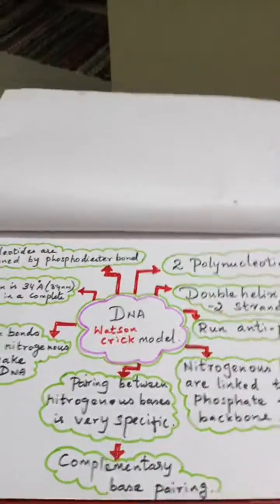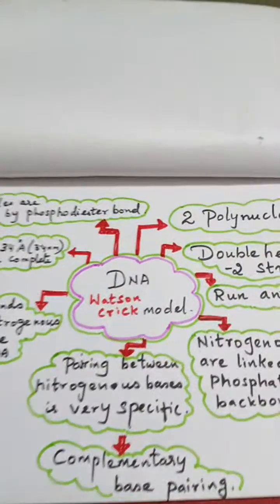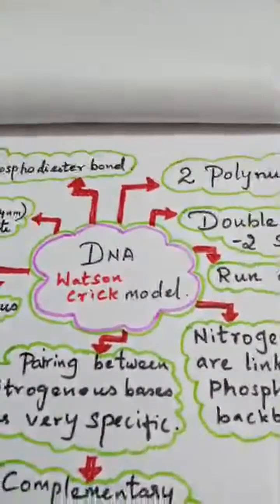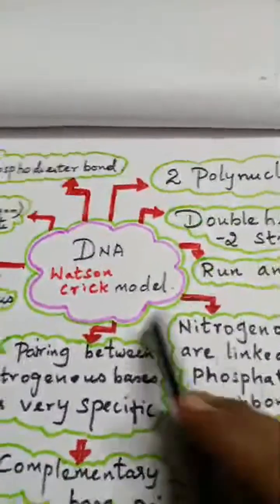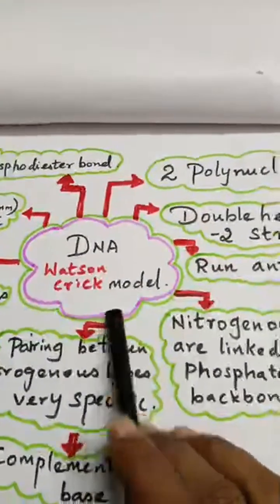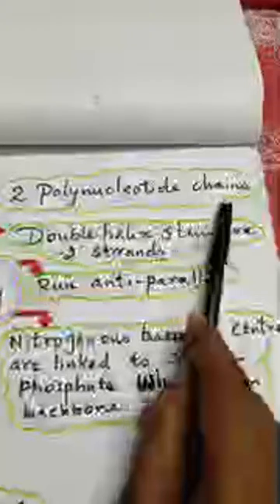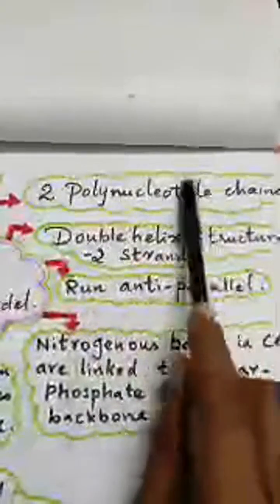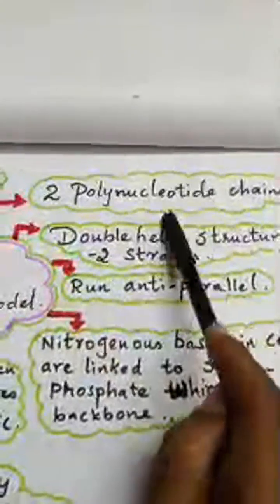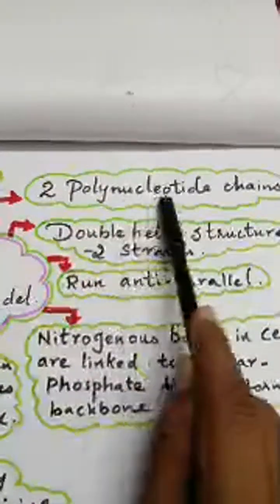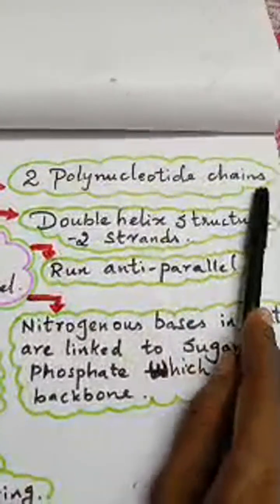Look at this: the Watson and Crick model of the DNA double helix. What is the first point we have seen in this session? DNA is a polynucleotide chain. It has two polynucleotide chains. What is a polynucleotide? Many millions of nucleotides are present, so two polynucleotide chains will be there.